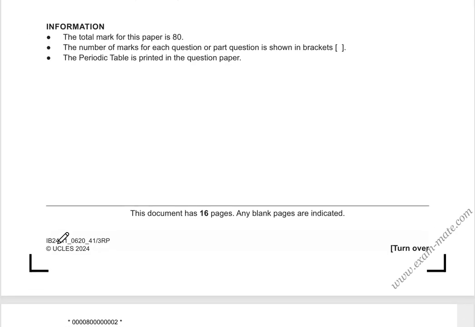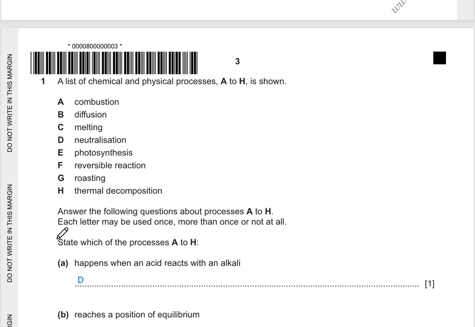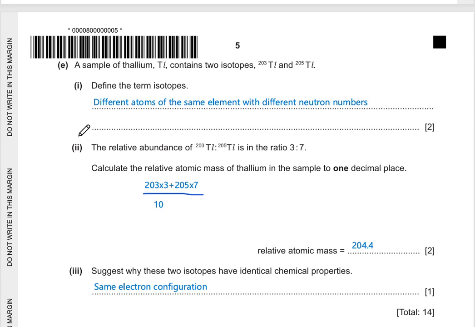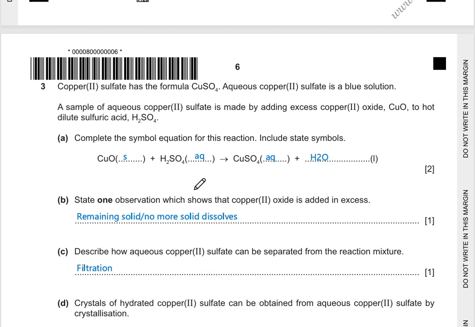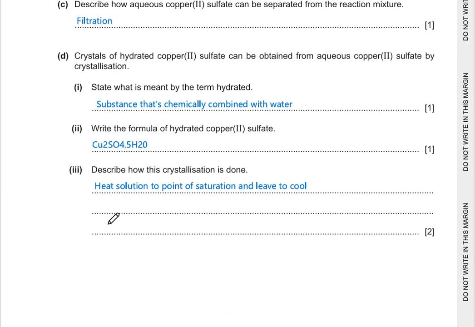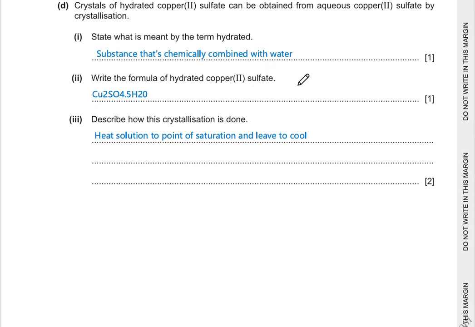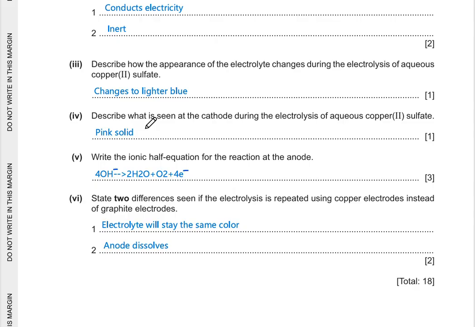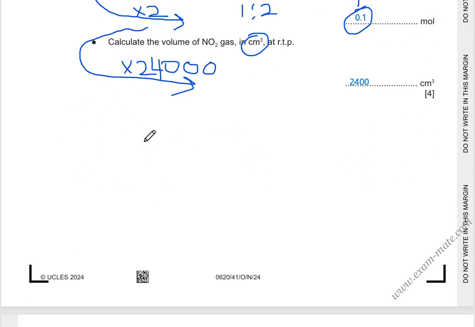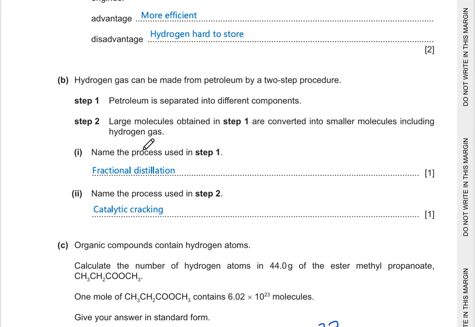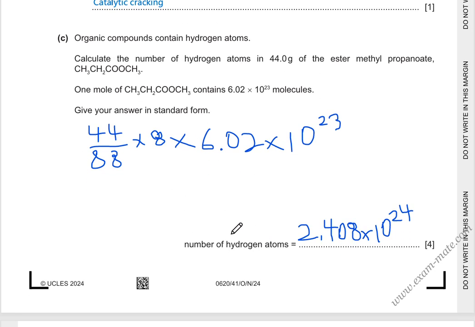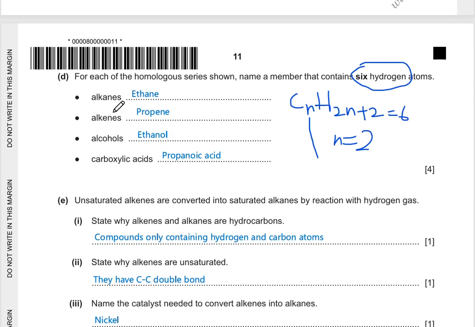If you were in 2024 and you were solving this paper for the first time, this would have been a surprise for you, because you had to go through these types of questions: a ratio, and rare questions, like write the formula of hydrated copper sulfate, CuSO4·5H2O, and other rare questions such as these ones: the number of molecules, the number of hydrogen atoms, the alkenes.